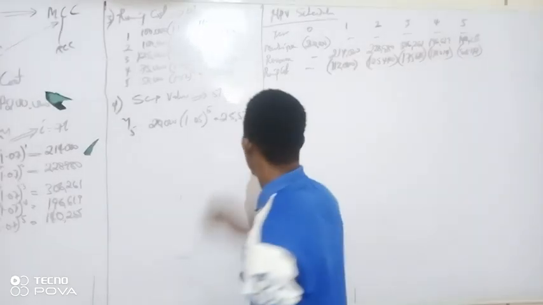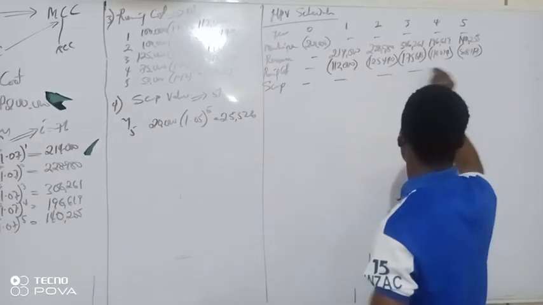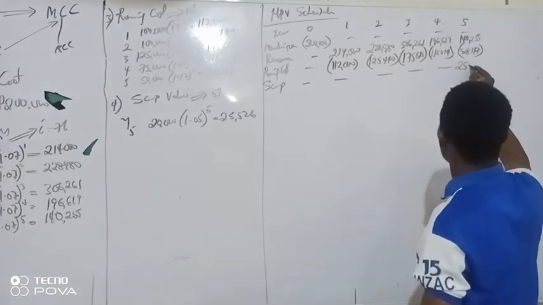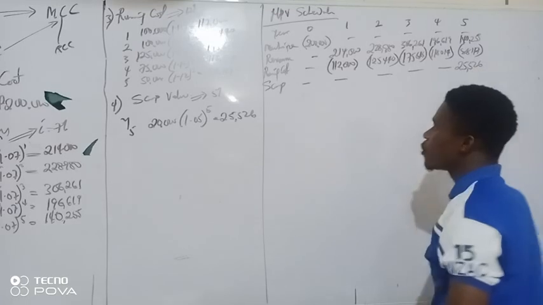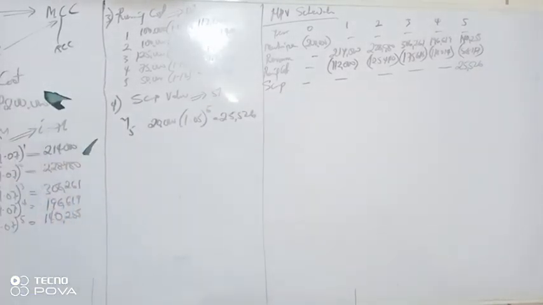What next? Our scrap value, year 5: 25,526.